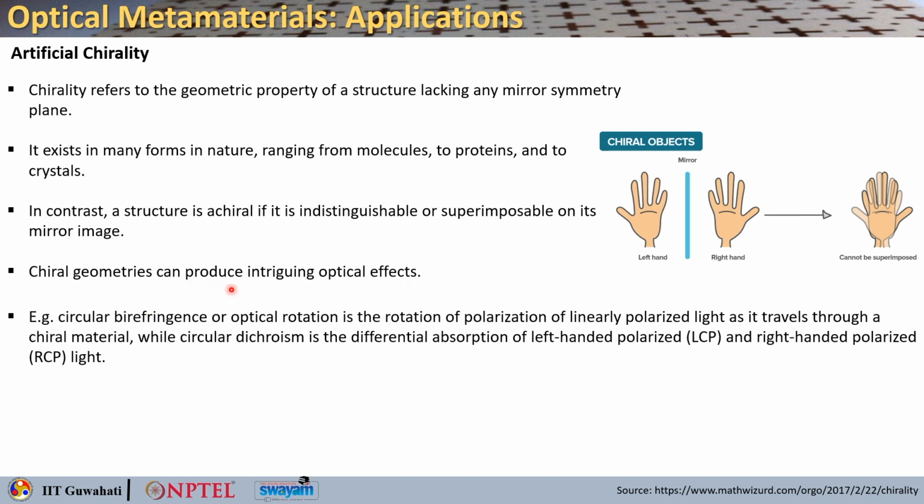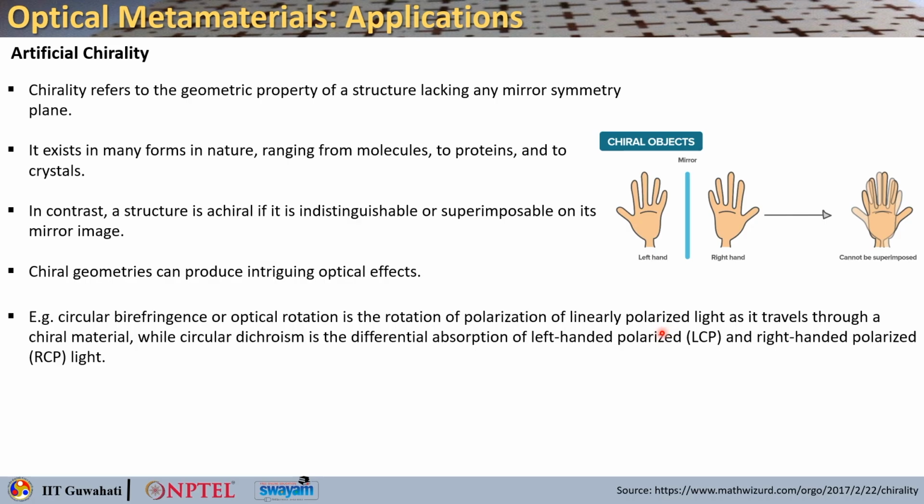Now, chiral geometries can produce some really exciting optical effects, something like circular birefringence or optical rotation, also called polarization rotation, which is basically the rotation of the polarization of linearly polarized light when it travels through a chiral material.